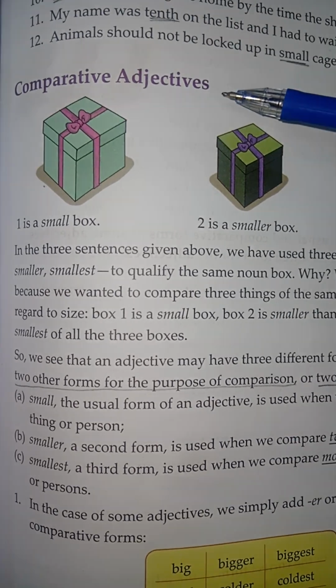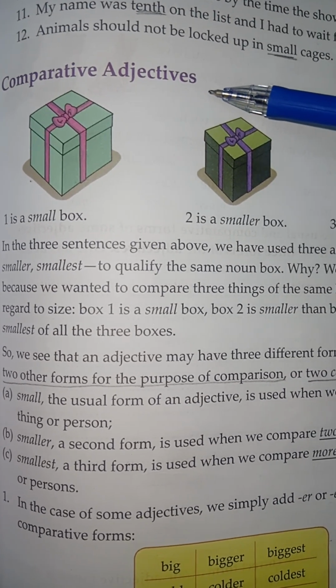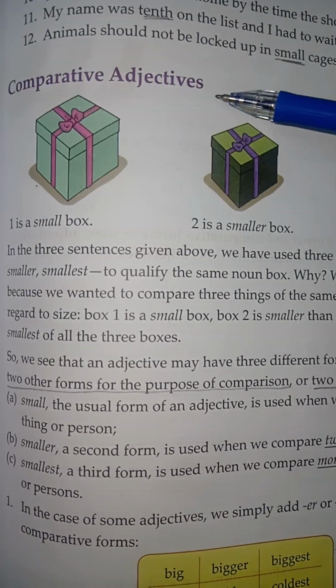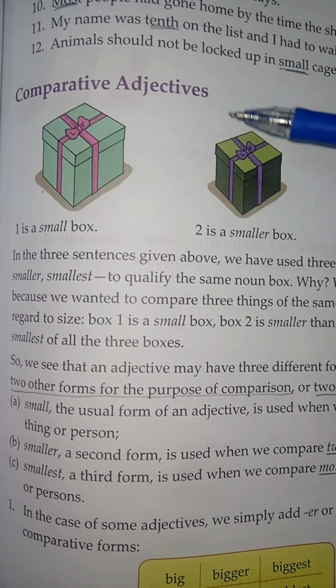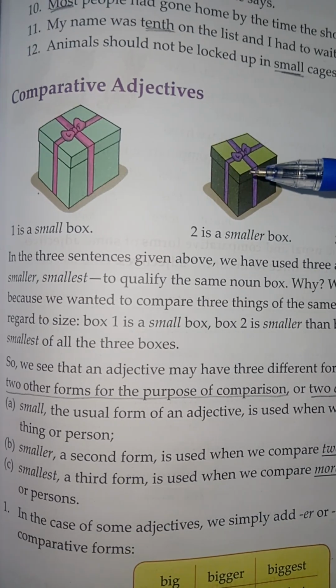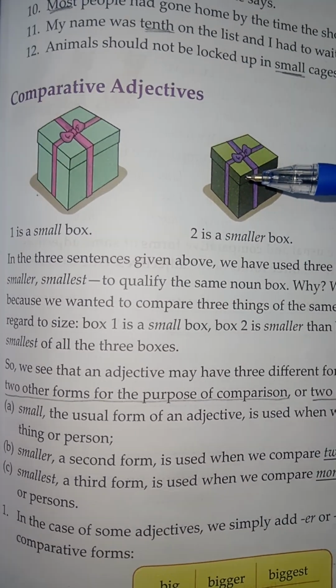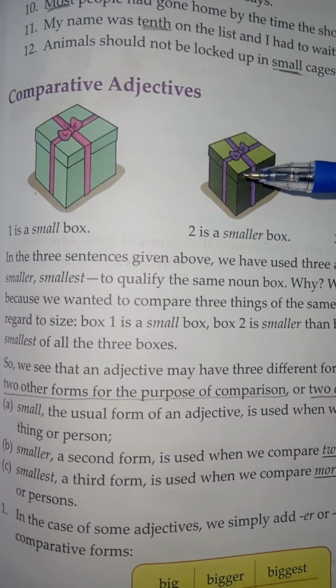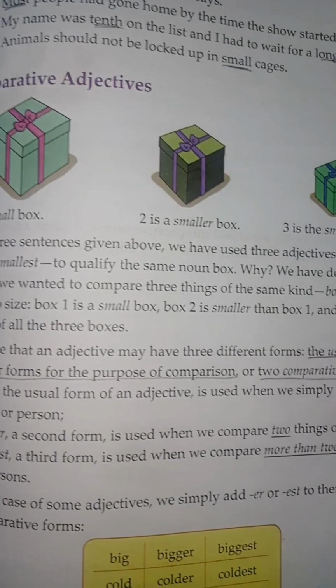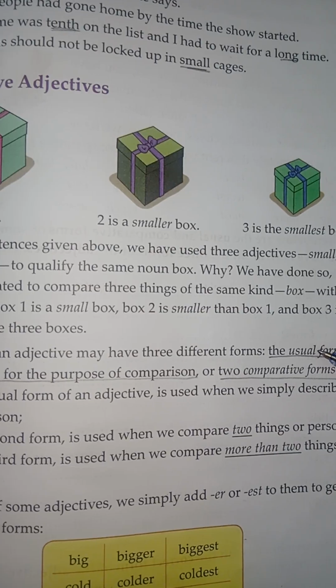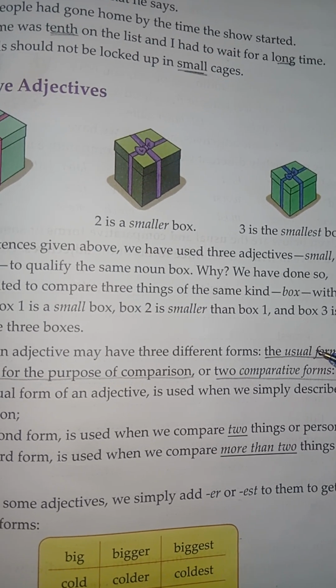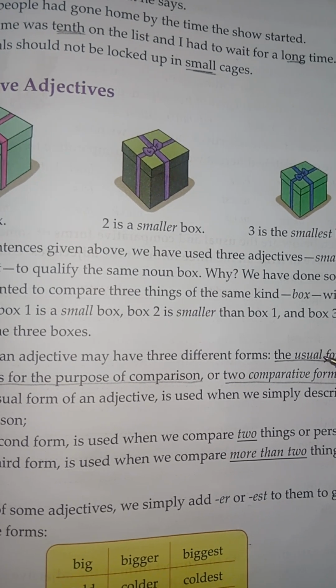Today we are going to study comparative adjectives. What are comparative adjectives? Comparative adjectives mean an adjective has different forms to compare different objects and persons. The first form, that is the usual form, is used to describe any noun or pronoun.